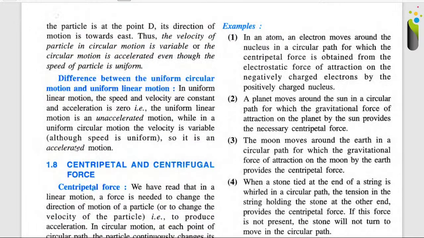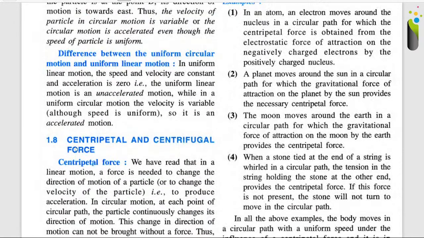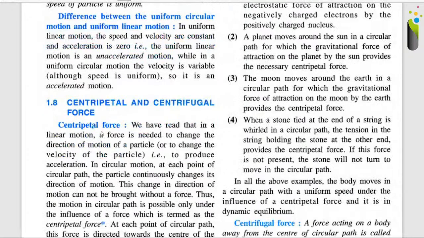Now coming to the examples. First example, in an atom, an electron moves around the nucleus in a circular path for which the centripetal force is obtained from the electrostatic force of attraction on the negatively charged electrons by the positively charged nucleus. Example number 2.